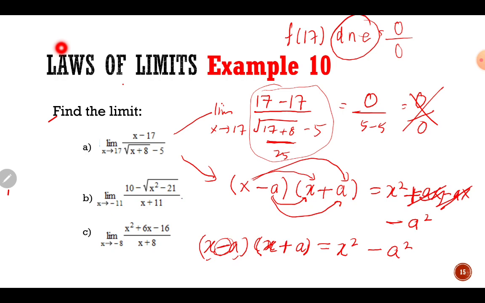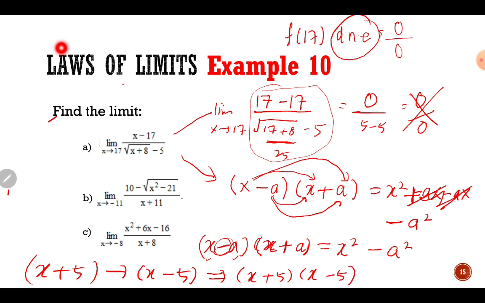Faham tak? Katakanlah kita kata we have x plus 5. So its conjugate will be x minus 5. And kalau you darab these two together, x plus 5 with x minus 5, it will give you x square minus 5 square, or x square minus 25 lah. Okay? Faham? Alright, we will use that concept to solve A.